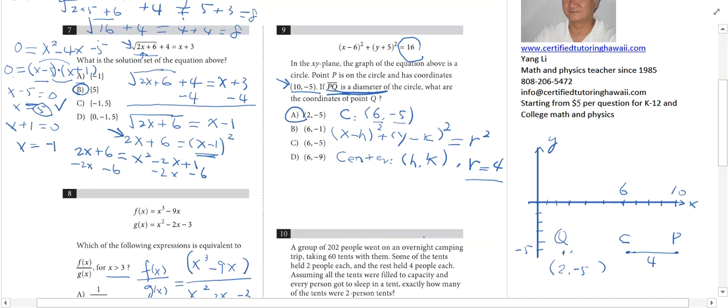Of course, you can do it the other way. You can set the point Q with coordinates x and y.